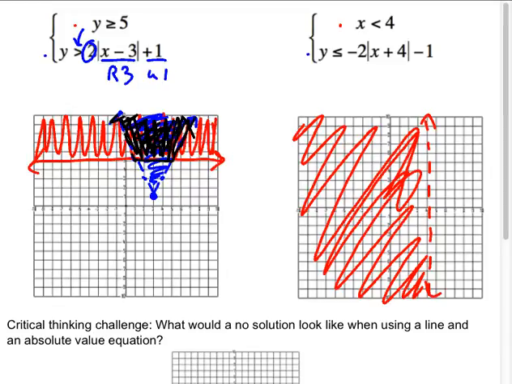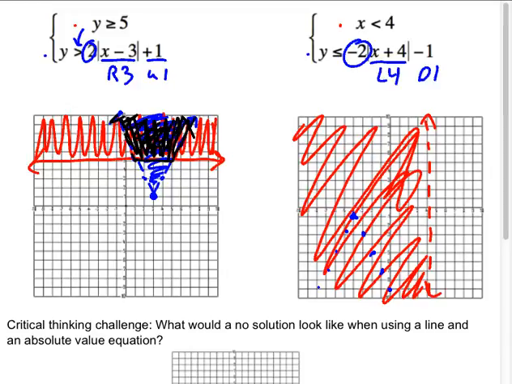Absolute value, that one. So again, we're getting our V. So here, we're going to go left 4, down 1. So left 4, 1, 2, 3, 4, down 1, plops me right there. A slope of -2. Well, slope of -2 is going to be down 1 over 2. So this is going to be another one that's opening downward.